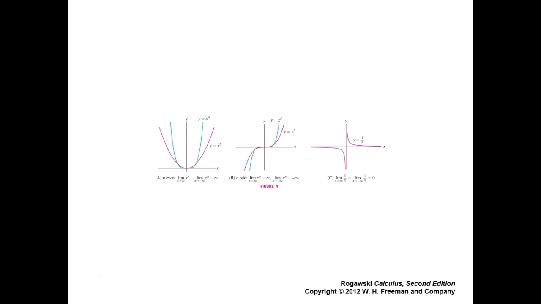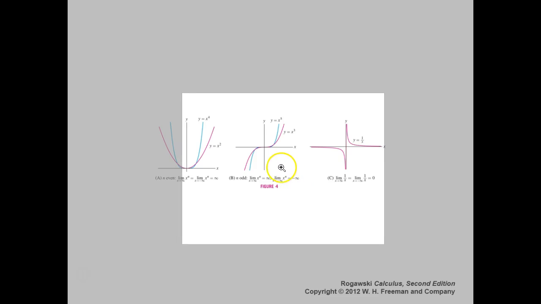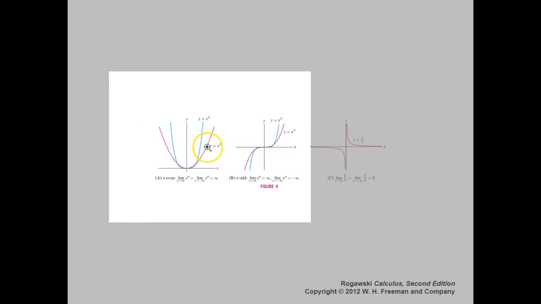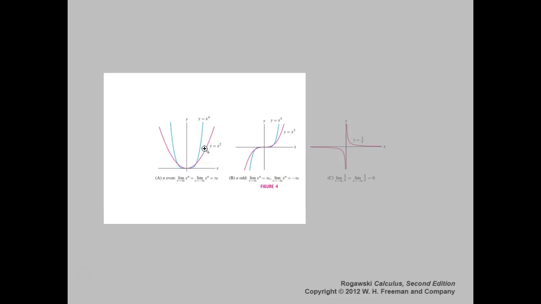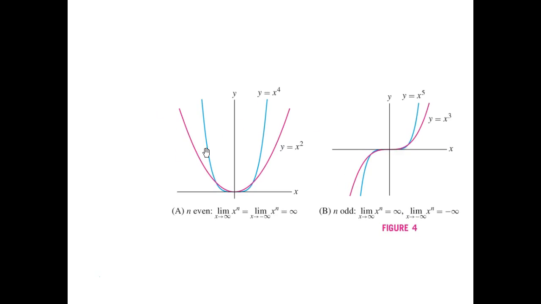Now, this is sort of an example of what we were just looking at. I can't get them all on, so I'm going to start with this part here. Okay. This is as n is even. You're familiar with this, I hope. Here's your parabola when y is equal to x squared.